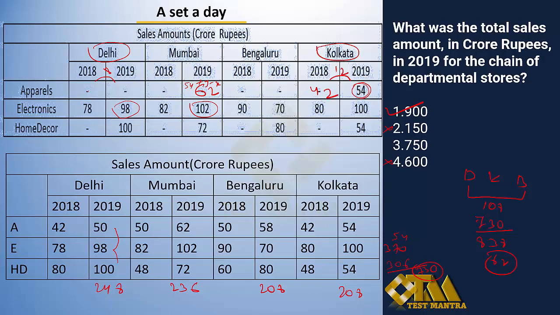If this is 42, then I know this figure will be 42. If this is 42, then this is 50. This is 50, and then I know that D, K and B were in arithmetic progression. So this is 50, this is 54, the common difference is 4, that means this figure is 58, right?